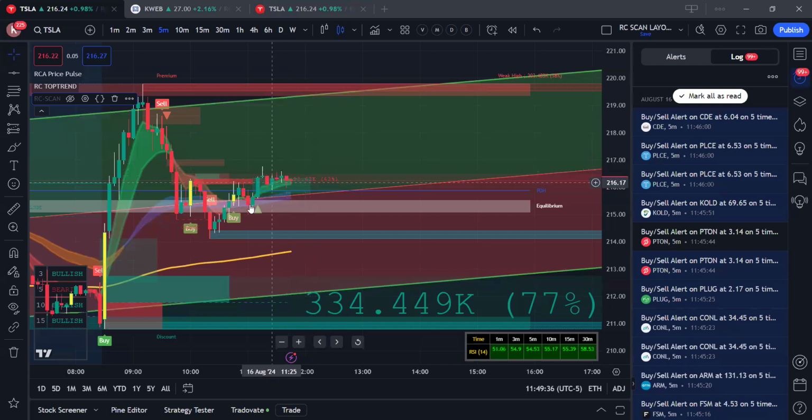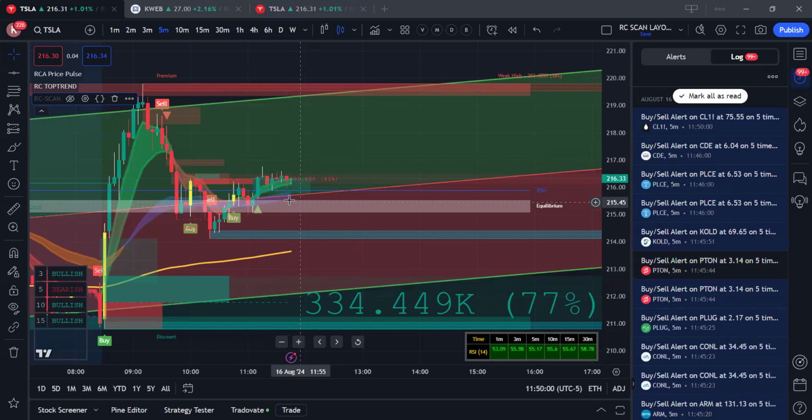But because there is a resistance here, we booked some profits, and on the remaining 20%, we can wait. If it goes all the way to the top, then the entire premium, right? If Tesla stays above 217.5 by end of today, all the premium collected will be yours. Even if it stays somewhere here, most of the premium will be yours. Even if it goes a little bit down, it will be ours.